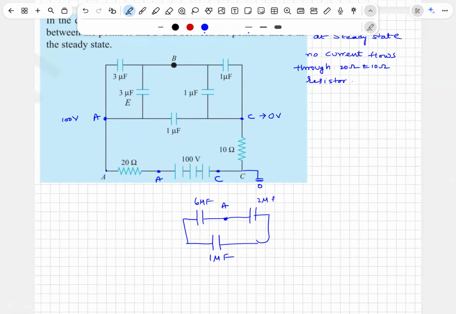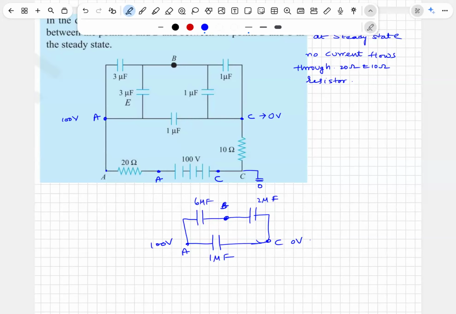Boys, here is your B. Here is your A. And here is your C, which is 0 volt. This is 100 volt. Obviously the circuit is in series, 6 microfarad and 2 microfarad. 3 is to 1 capacity means 1 is to 3 potential drop.